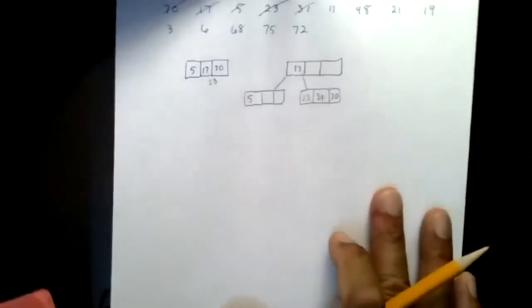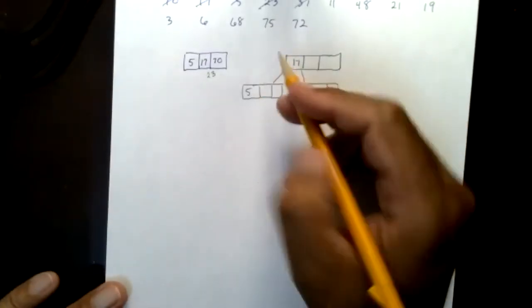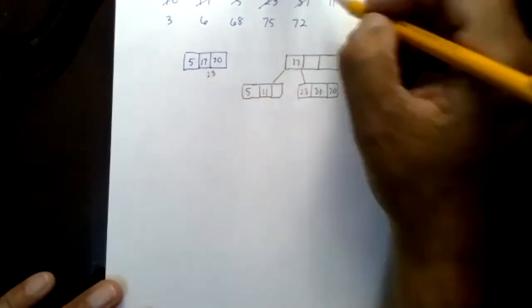The 11 is less than 17, so it's going to go to the left. It's actually going to slide right in there. It's greater than 5, found a spot to put it.